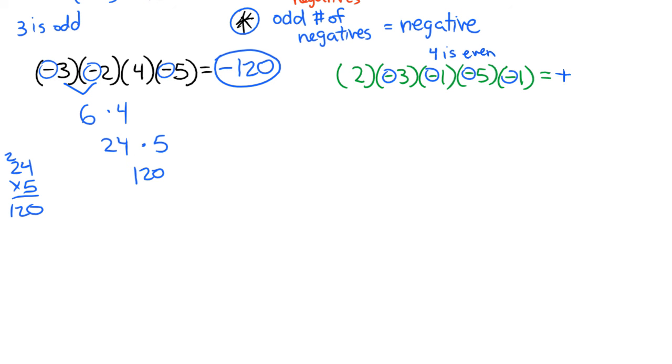So we have a positive solution. So now again, our focus just comes on to multiplying. 2 times 3 is 6. 6 times 1 is 6. 6 times 5 is 30. And 30 times 1 is 30. So we have a positive 30 as our solution.